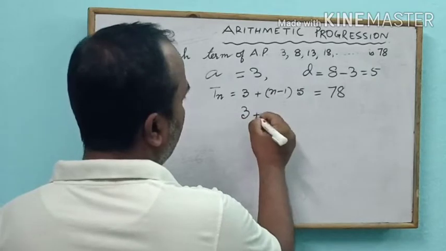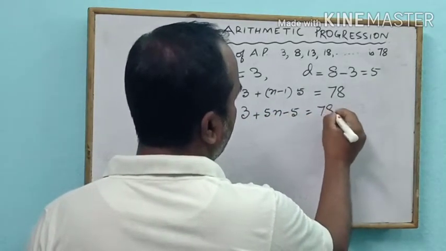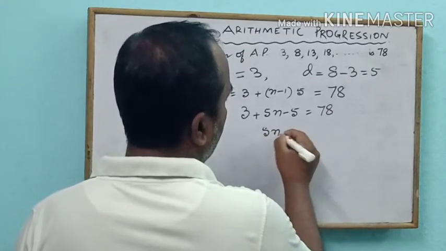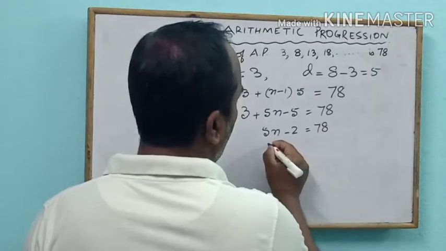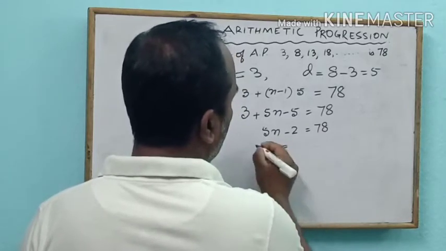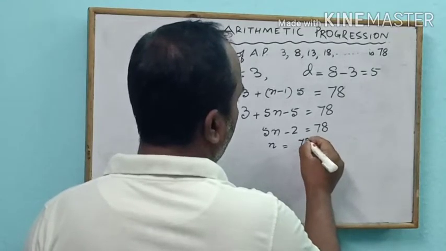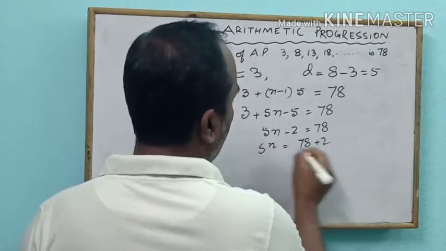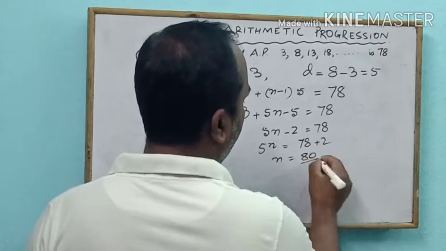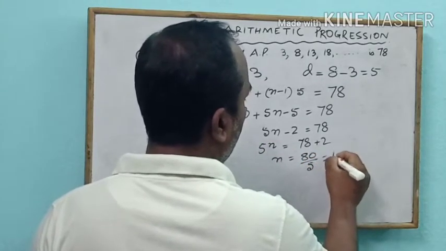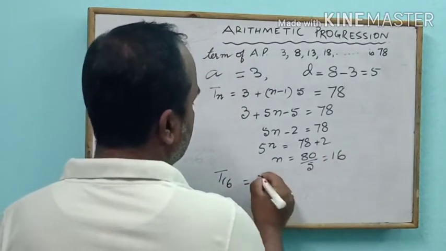So 3 plus 5n minus 5 equal to 78, or 5n minus 2 is 78, or 5n equal to 78 plus 2, or n is 80 by 5, 16. So T16 is 78.